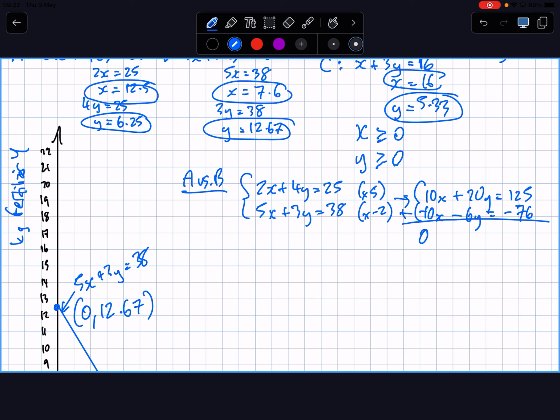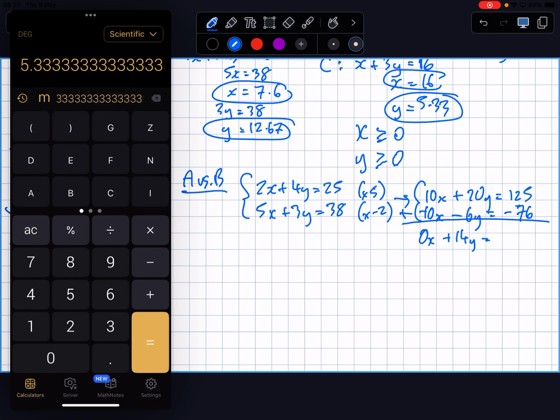If I've got 20y plus negative 6y, that's going to be 14y. And then, I'm not very good at subtraction. 125 take 76. No, slightly off, 49. 49 divided by 14. That tells me 3.5 for y.